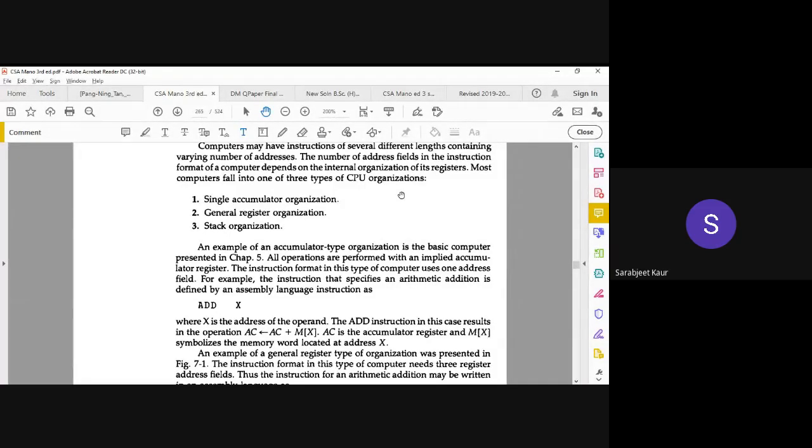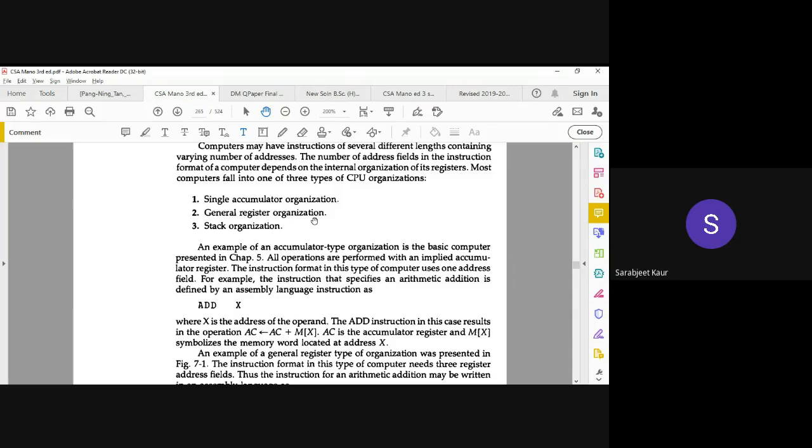Now there is another organization called General Register Organization, wherein apart from the accumulator, we use many other registers. We may be using two registers or three registers typically, and accordingly these organizations are termed as two address or three address instructions.